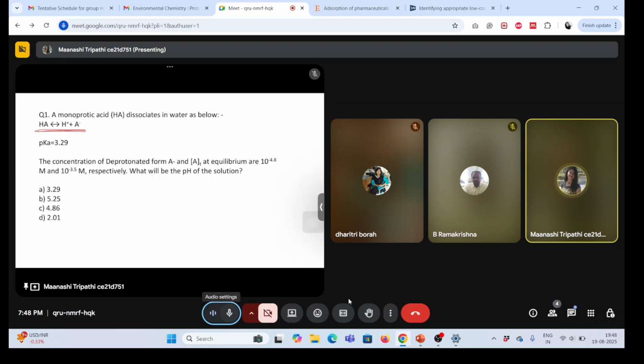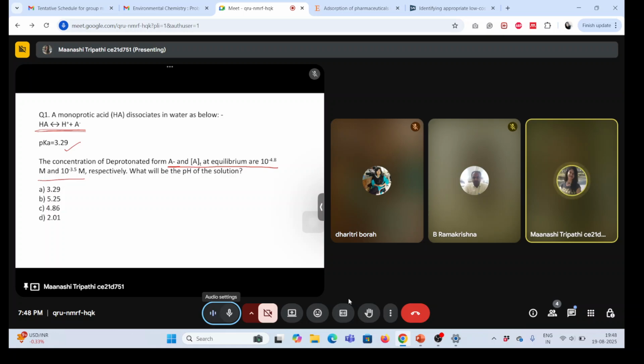We know the pKa value. The concentrations of the deprotonated form A and A total at equilibrium are 10 raised to power minus 4.8 and 10 raised to power minus 3.5 molar. What will be the pH of the solution? Very simple. Try to find the answer, and you can give it in the chat box.